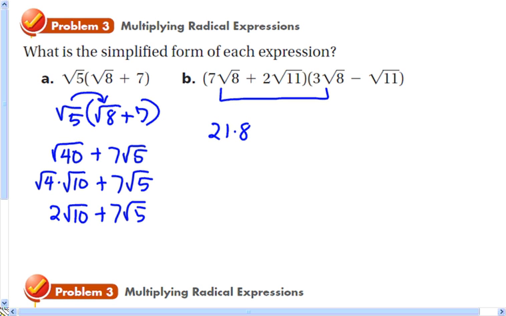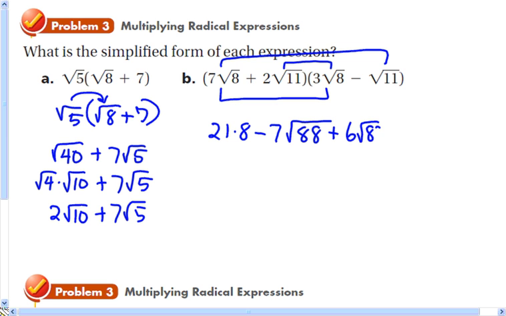The outers give us 7 times the square root of 88, and that's a minus because we have a plus and a minus. The inners, we get 2 times 3, which is positive 6 times the square root of 88.